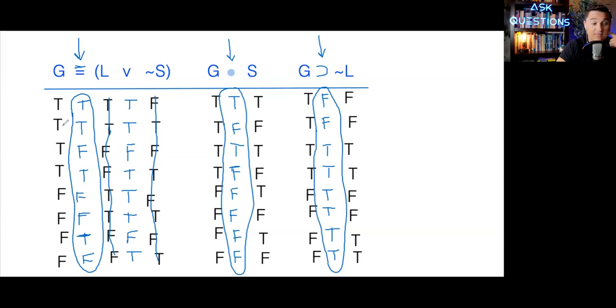Well, they would have to have the same truth values. The first and the second statement are not equivalent, the first and the third aren't equivalent, and the second and the third are not equivalent. So we don't have any tautologies, we have no self-contradictions, we have no logical equivalency. By the way, all 3 statements are contingent because under the main connective, there's at least one T and at least one F in each.